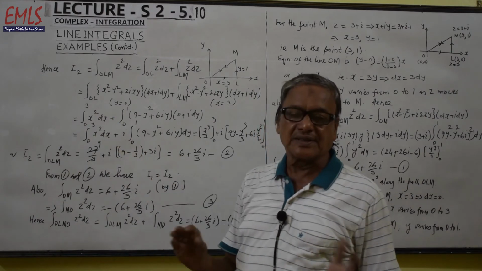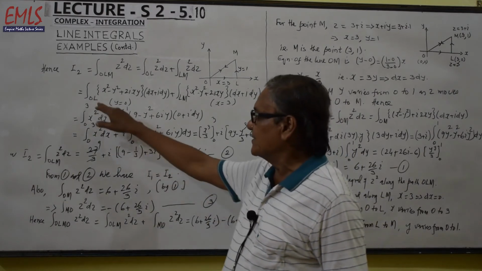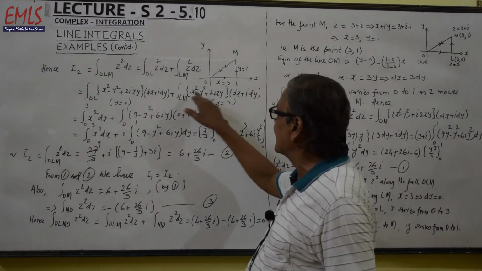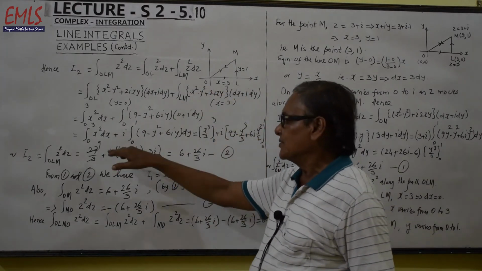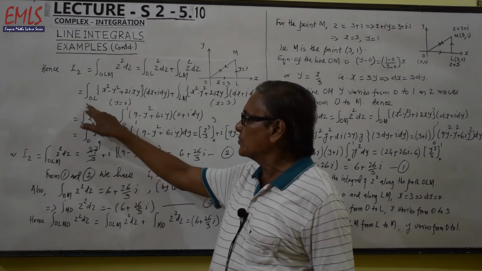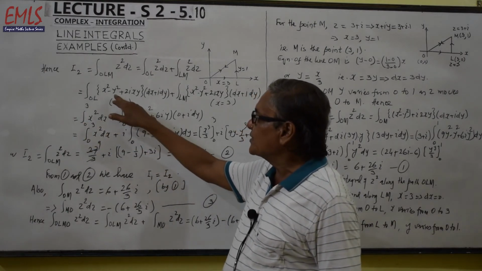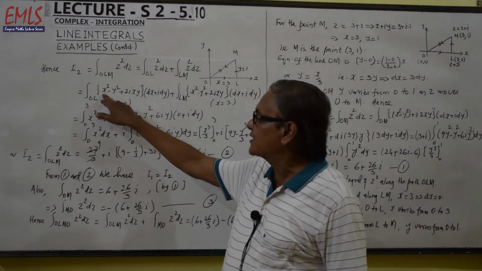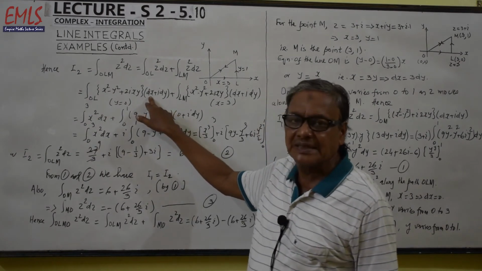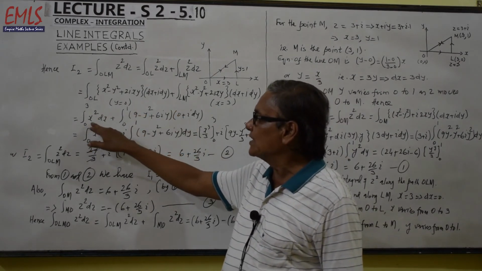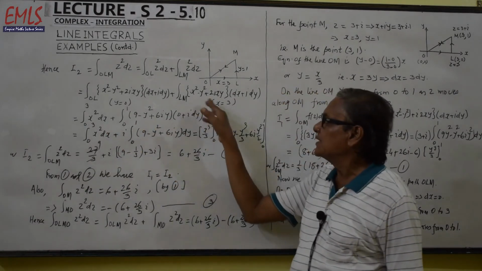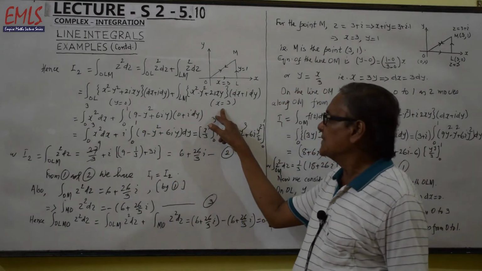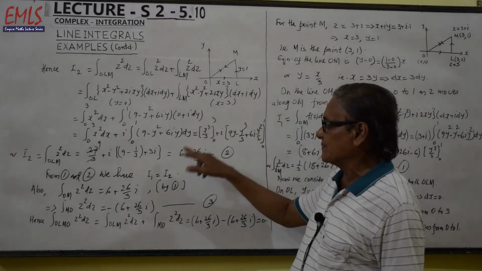Now we have converted into definite integrals. The limit for the first integral is from 0 to 3, since along OL, x varies from 0 to 3. Y is 0, so we will be left with only x squared and dx. So it is the integral from 0 to 3 of x squared dx, plus, in the second part, x is 3 and dx is 0.